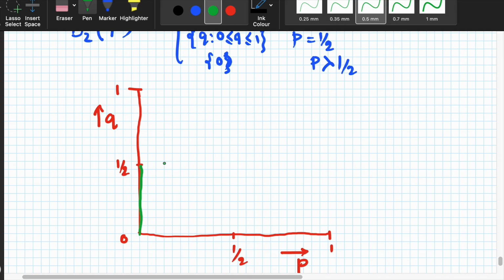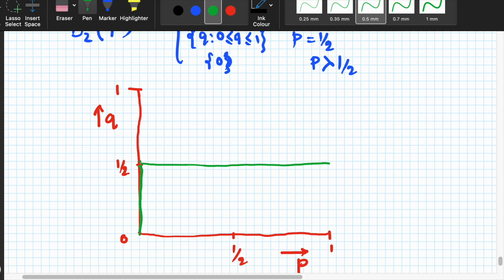When q equal to half, every p is the best response.